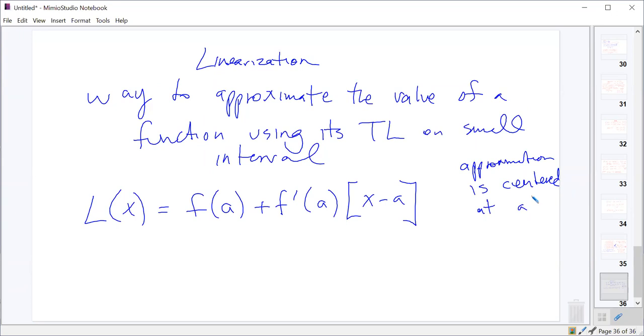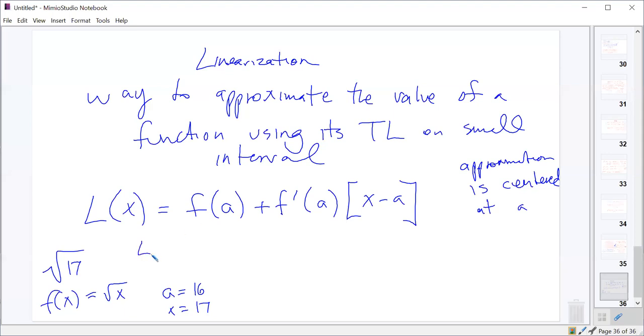So for example, if I wanted to figure out what is the square root of 17, the function would be f of x equals square root of x. The a value would be 16 because we know the square root of 16. And our x value would be 17.